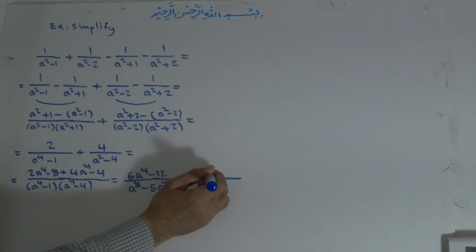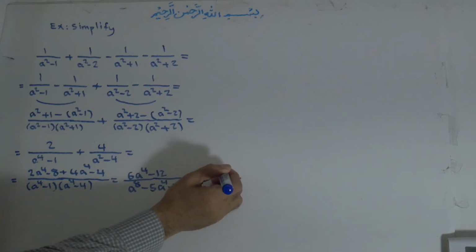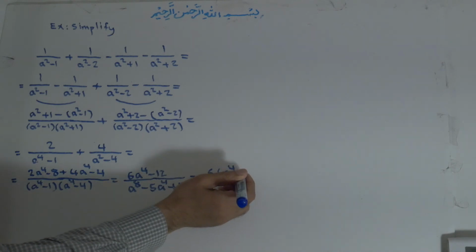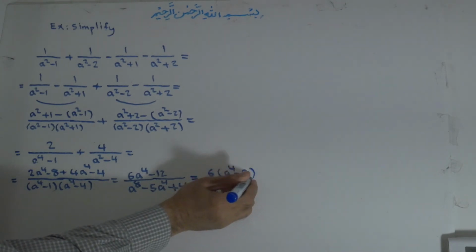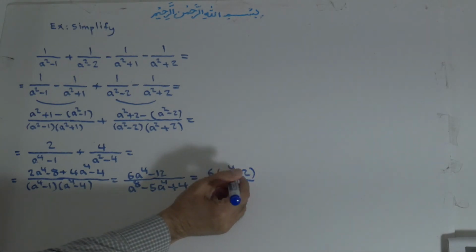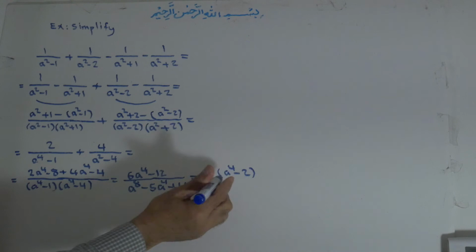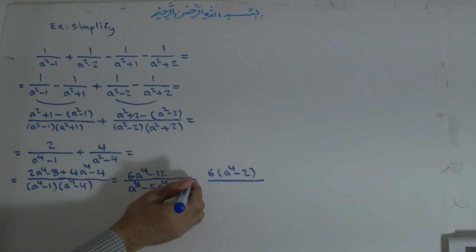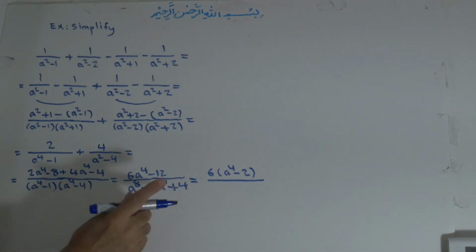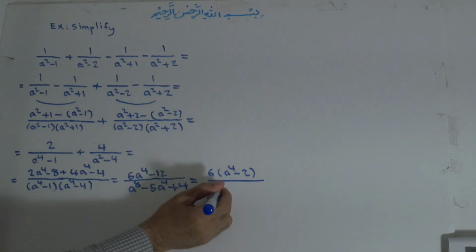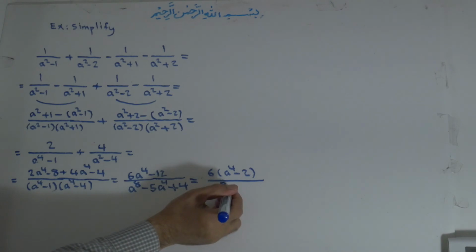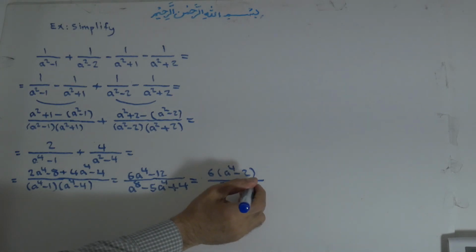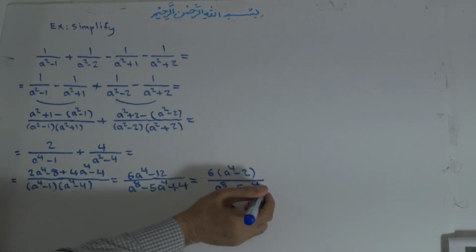Now if you simplify this one, 6 is common, so it is 6 times a to the power of 4 minus 12 divided by 6 is 2, over a to the power of 8 minus 5 a to the power of 4 plus 4.